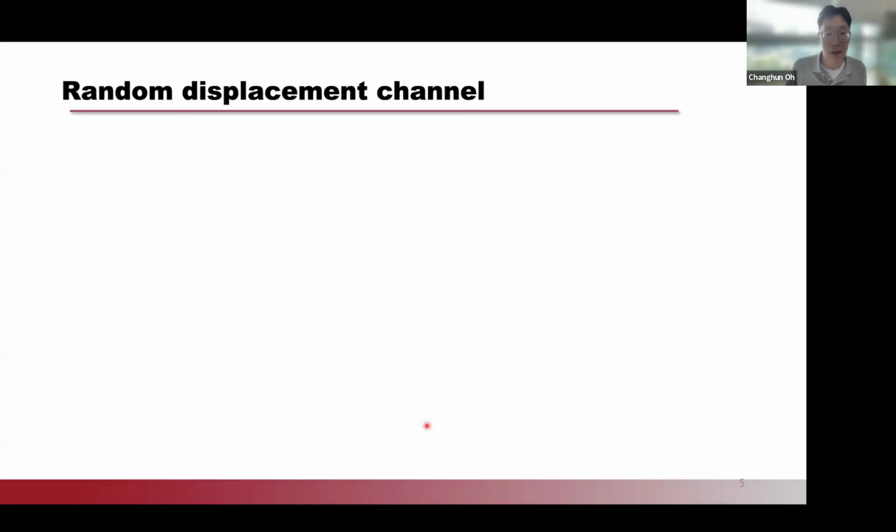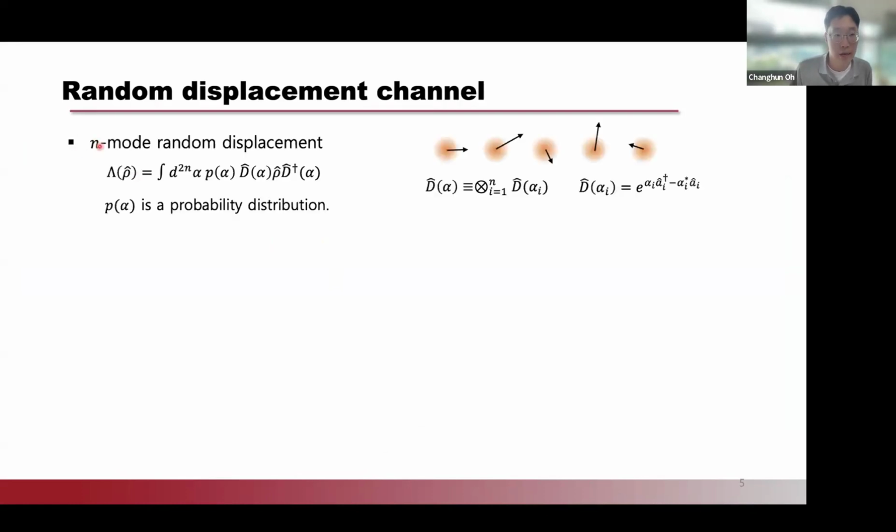Okay, to do that, we focus on a particular family of bosonic channels, which is called the random displacement channel. So let me define what it means. We are going to consider the n-mode random displacement channel, which can be fully characterized by a probability distribution P(alpha), where alpha is n complex variables.